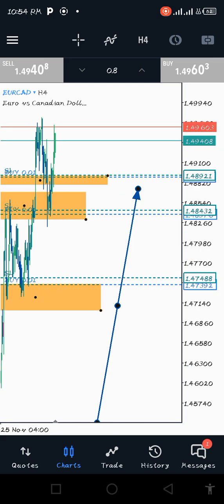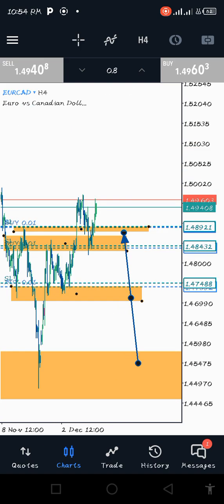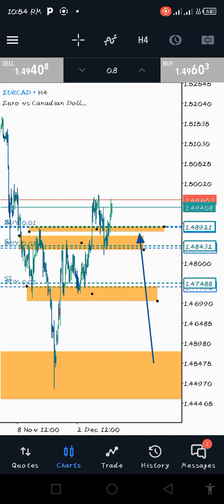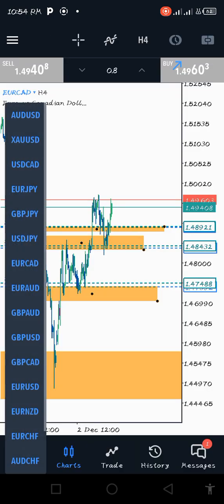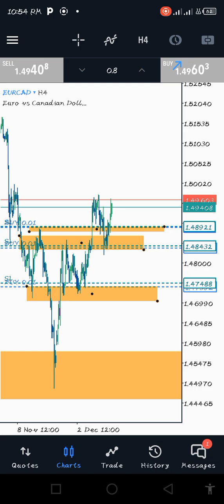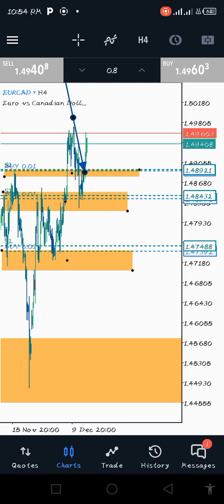The price is not popping up. Sorry, let me delete this. This was the first reaction on this pair, the second reaction, and this was the third reaction that I took buying opportunities from.